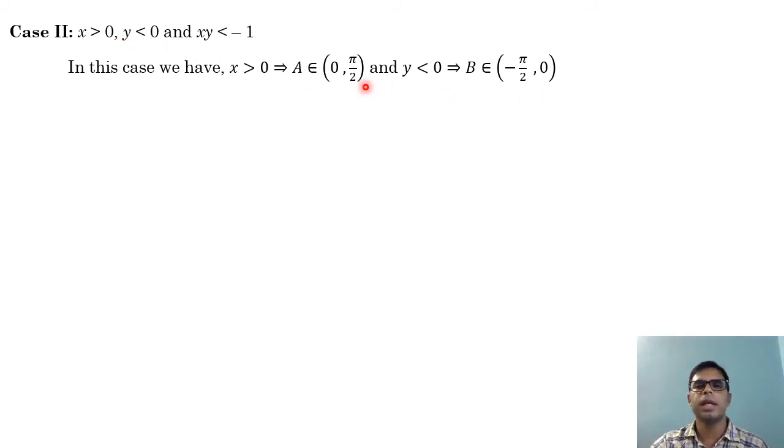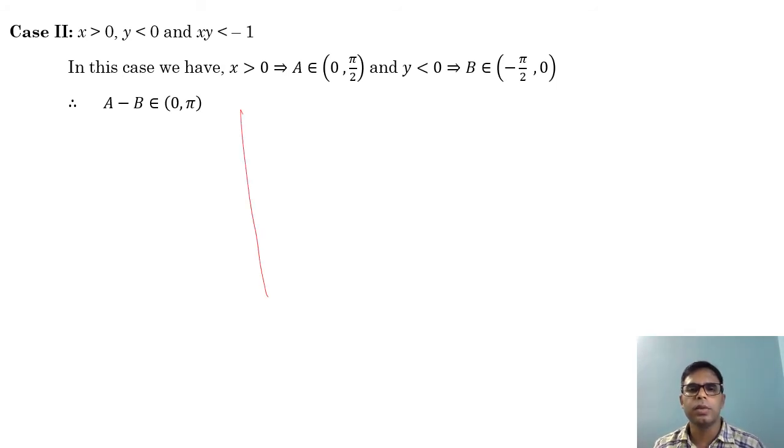Now we take a minus b. This is b actually, but to get minus b, it will be 0 to pi by 2 only. So a minus b is in 0 to pi. Why is it 0 to pi? You just see here on the screen. You see a, this is from 0 up to pi by 2, and here b is from minus pi by 2 up to 0.